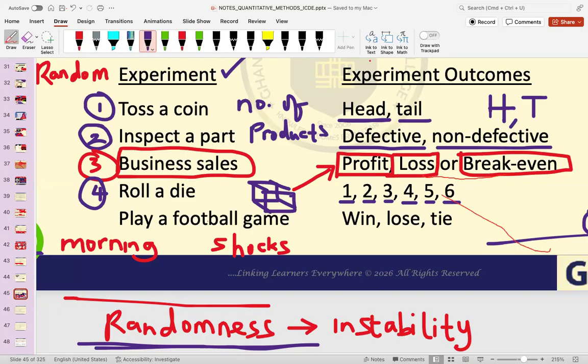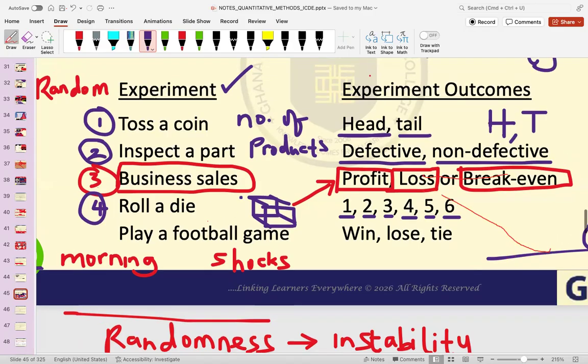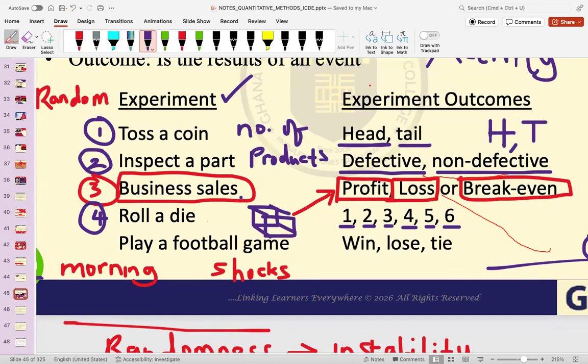So in the same way, it will take randomness to record your results. So that is what probability does. It's going to give you a result, and then you will know. You cannot know it from first hand.